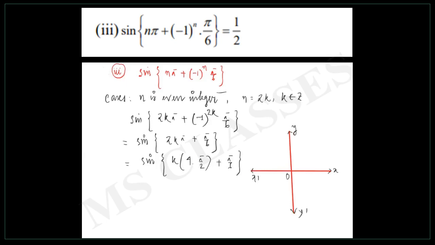Here it is 4 pi by 2 into k, that means the number of circles. How many circles? k circles here, because k into 4 pi by 2. So k circles plus something. The whole angle terminates in which quadrant?